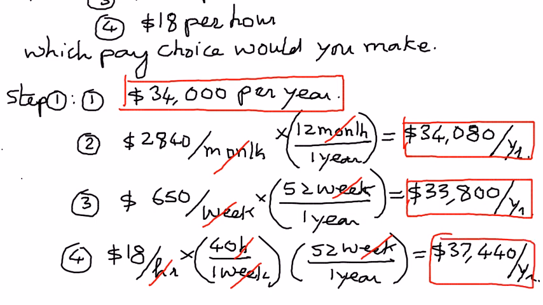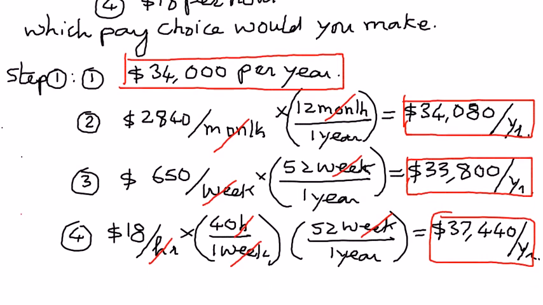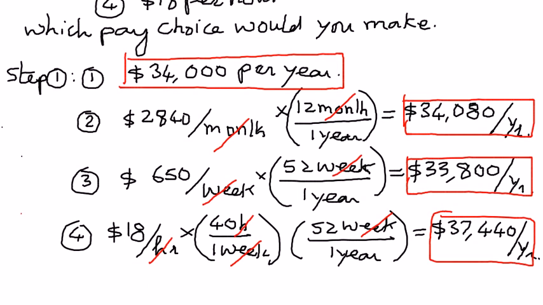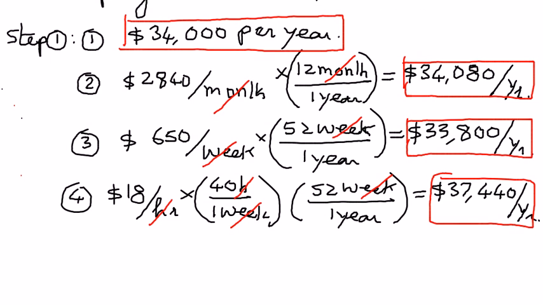We're going to compare these four numbers, and as we can see, $37,440 per year is the largest amount among these four choices, and therefore we're going to come back in here and state that in step 2 as follows.